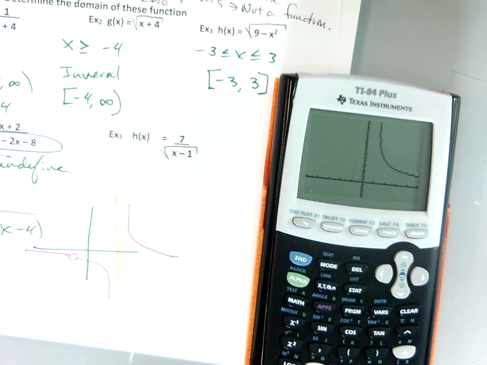Okay, so what can x not be? What can x not be? 1. It can't be 1. Look what happens with 1. And nothing back here either. Why not nothing back here? Could it be 0? Well, it can't be 1 because what happens if it's 1? 1 minus 1 is what?